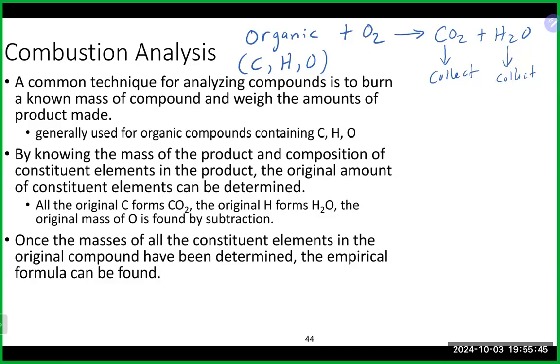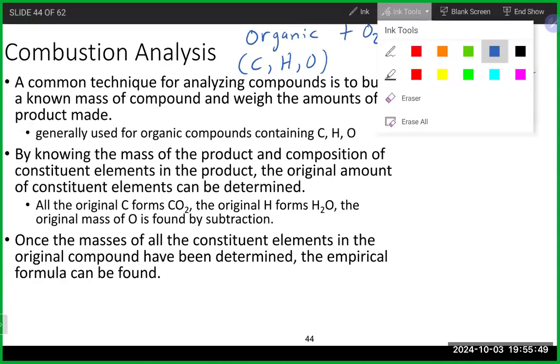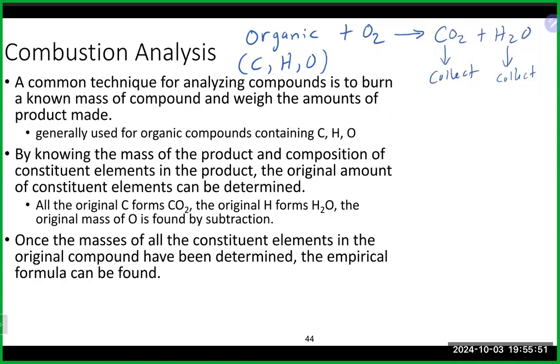Now, each of those things is actually a source of particular elements. Carbon dioxide is the source of carbon. So all the carbon that ended up in carbon dioxide in this experiment had to come from our organic compound.